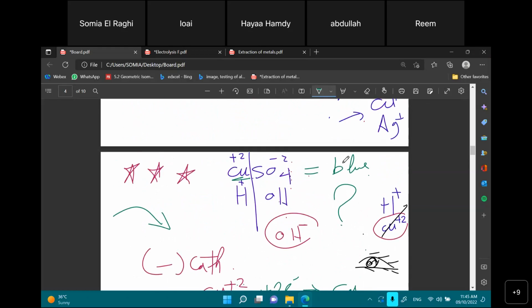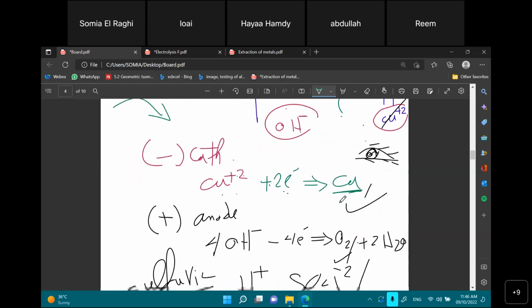So if they ask about the color change, the original salt is blue and it becomes paler. What's the meaning of paler? It is not blue anymore. Very pale. Either you write because the copper ion is already reduced or removed from the electrolyte, either statement is acceptable, or due to the formation of sulfuric acid.